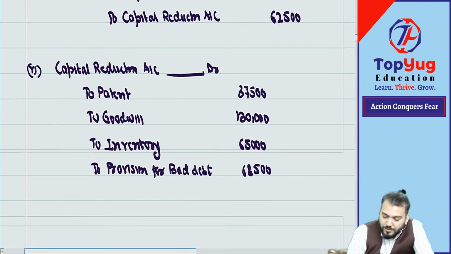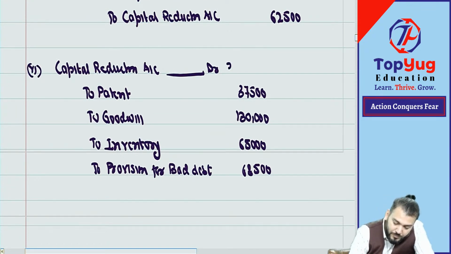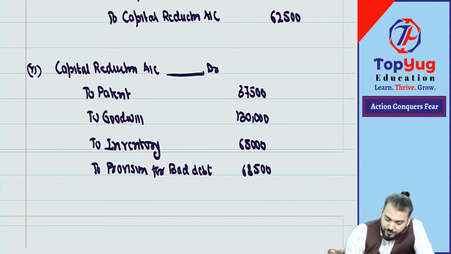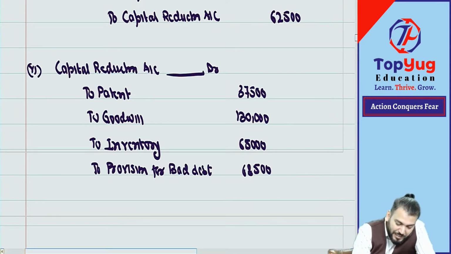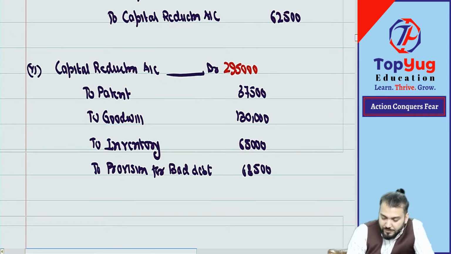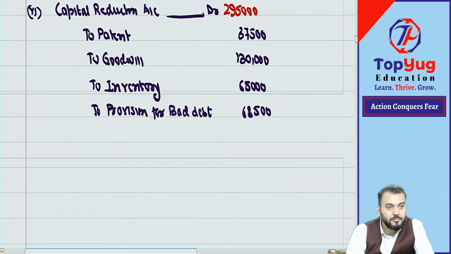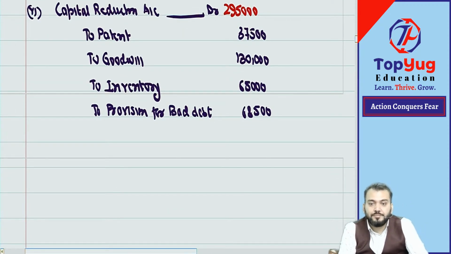Can you give me the total of this? How much? How much does it make? 2,95,000. So it is 2,95,000. Okay, sir. Got it.